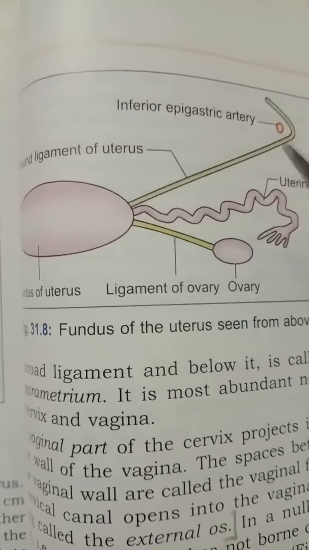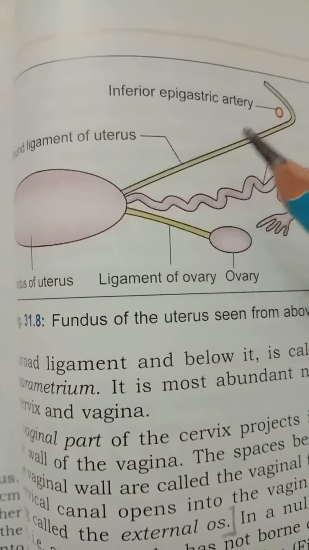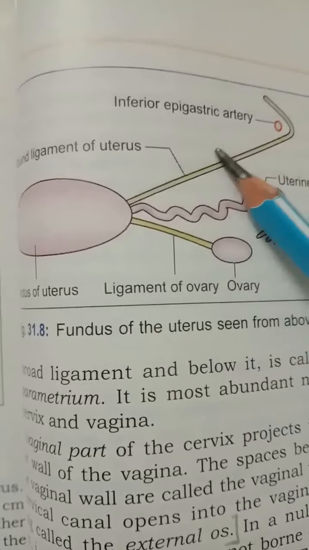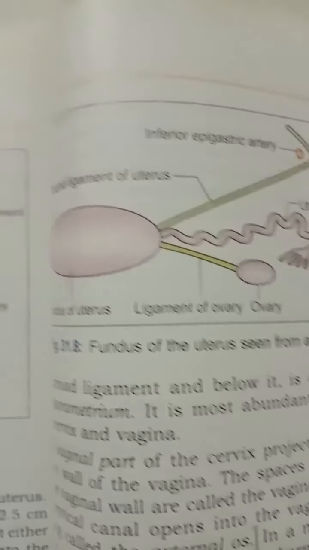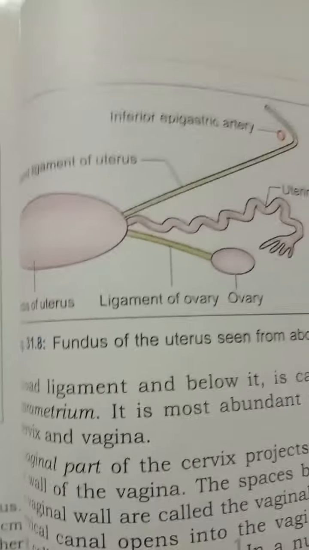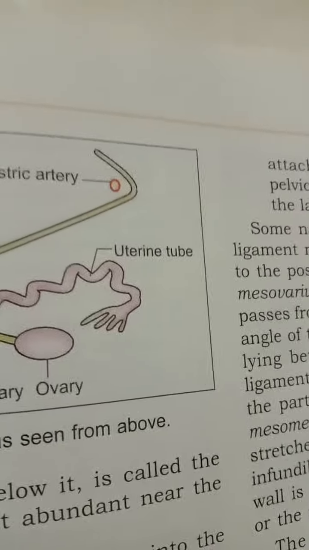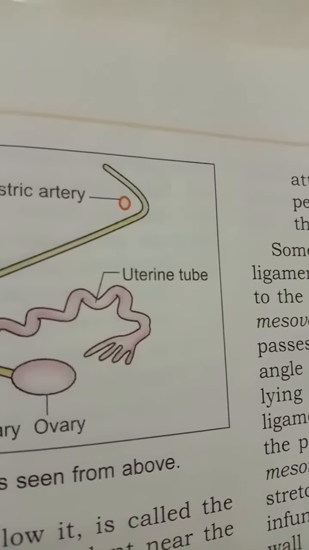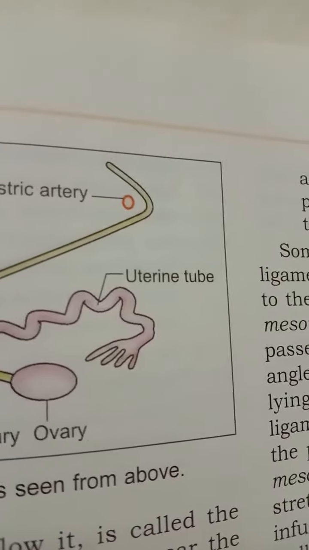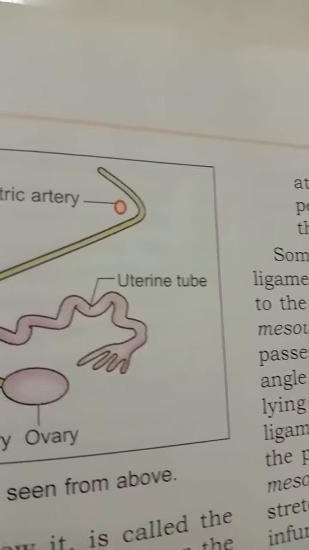Then the two nerve plexuses: the uterovaginal plexus and the ovarian plexus. Then the three embryological remnants: the epiphoron, the paraphoron and the vesicular appendix.